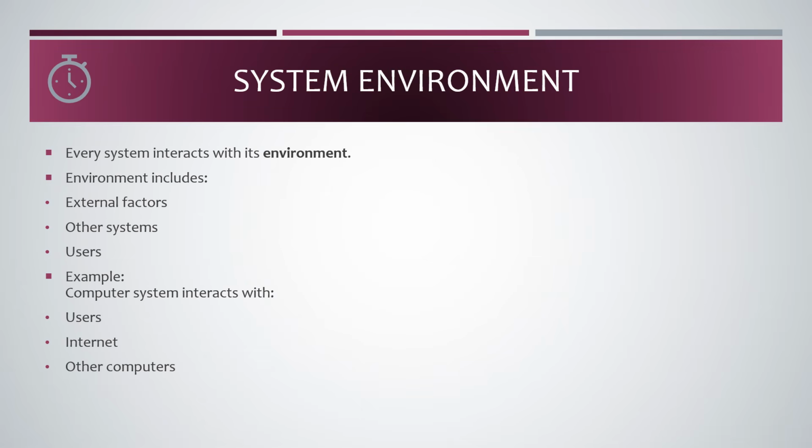He is the user, he is using the system, he is part of the environment. So for example, if we have a computer system in front of us and we are the user, then we are part of the environment of the computer system. The computer system is already there without us. So we are part of the environment, and the computer system is a system, as we talked about before.